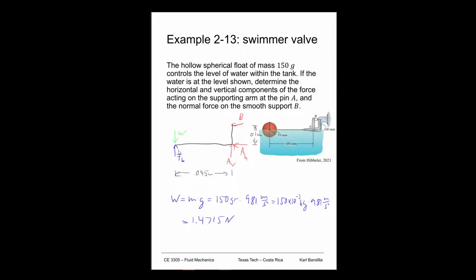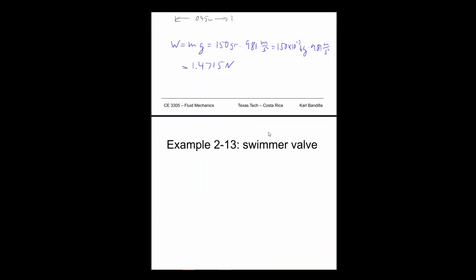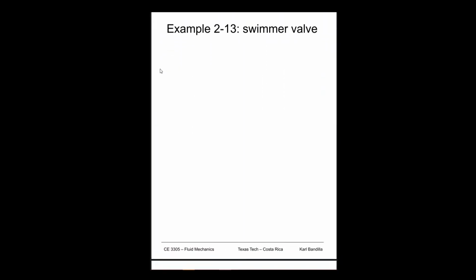Then we can also calculate the buoyant force. We know that the buoyant force is just the weight of the liquid that's being displaced. In our case, the liquid is being displaced by this little ball, but the ball is only half in the water, so we'll take half of the volume of the sphere. So FB would be 1/2 the volume of the sphere times gamma water.